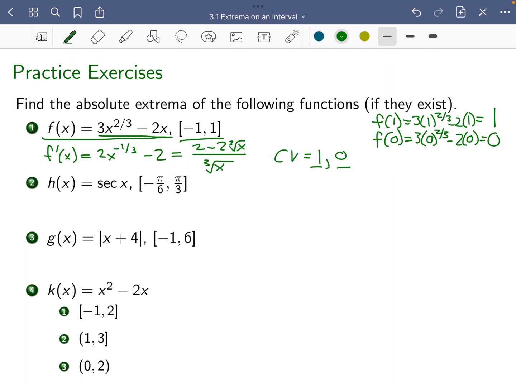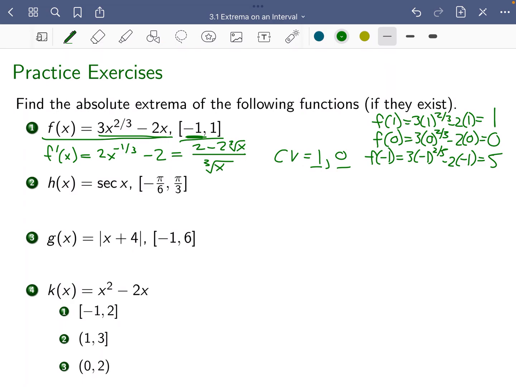And we also need to plug in the endpoints of our interval. So -1. When we plug in -1, we will get an output of 5.